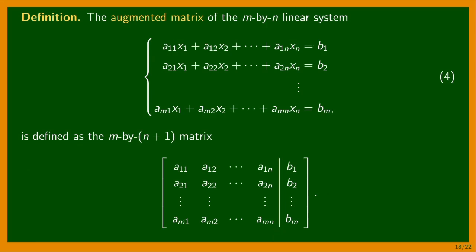We call this the augmented matrix of this linear system. Take note that if the system is m by n, the augmented matrix is m by n plus 1, because we're adding one more column for the vector of constants on the right hand side. Alright?